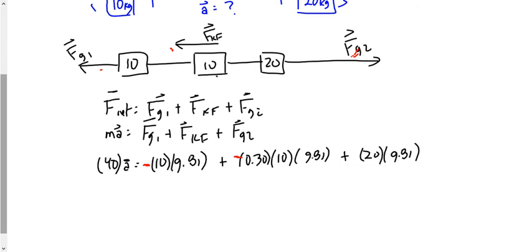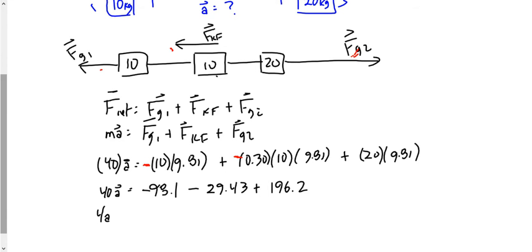All right, 40 times the acceleration equals negative 98.1, subtract 0.3 times 10 times 9.81, which is 29.43, I believe, plus 20 times 9.81, which is 196.2.